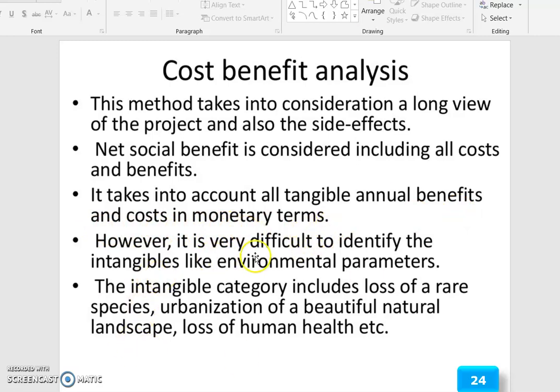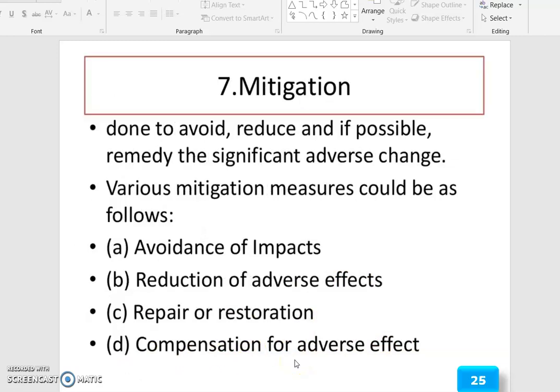However, it is very difficult to identify the intangible ones, like environmental parameters. The intangible category includes loss of a rare species, urbanization of a beautiful natural landscape, loss of human health, etc.